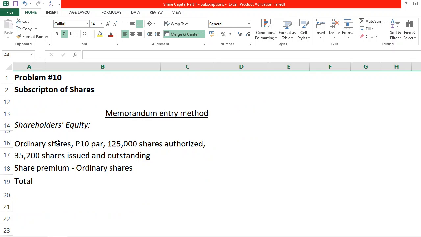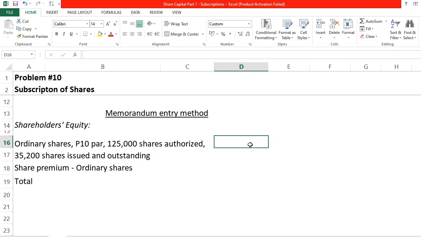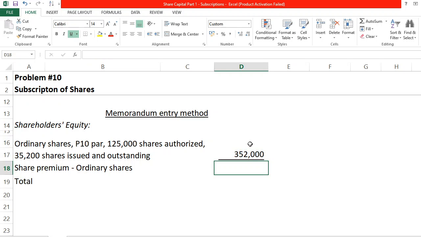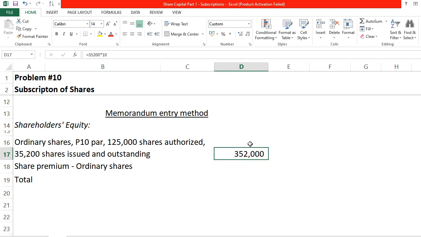But under the memorandum entry method, again, this is the one we usually use, we will not see authorized and unissued there, but directly the ordinary shares, 10 peso par, 125 authorized, and 35,200 issued and outstanding. So, 35,200 times the par of 10 pesos, that's 352.